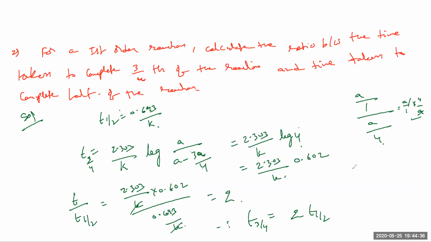Already we derived this, generally we are discussing that one also. See, T of 75% is equal to 2 times T half, means 2 times of 50%. Correct or not? Hello? Understood? Yes, sir. Note it down.